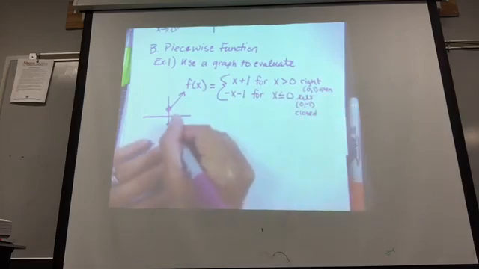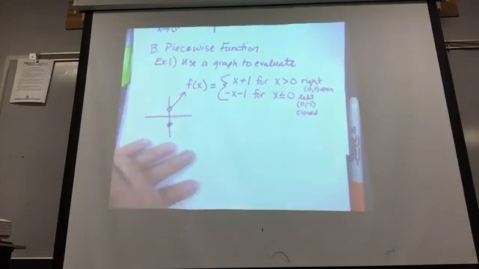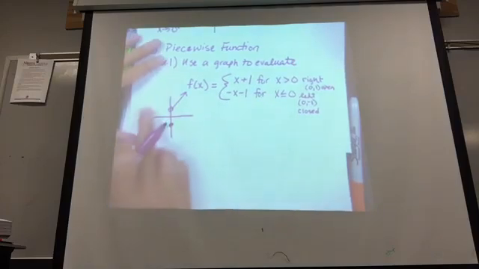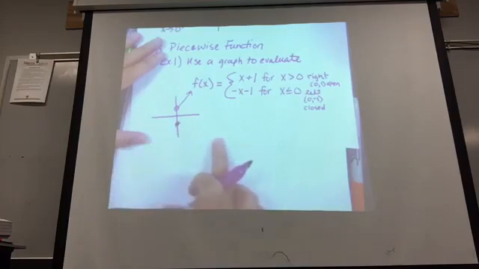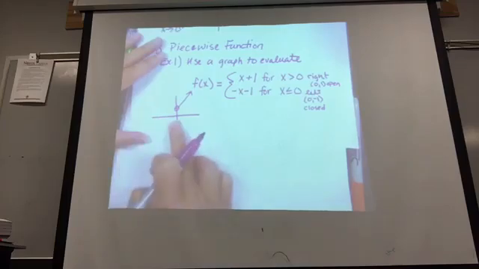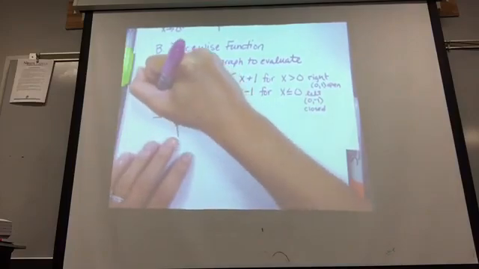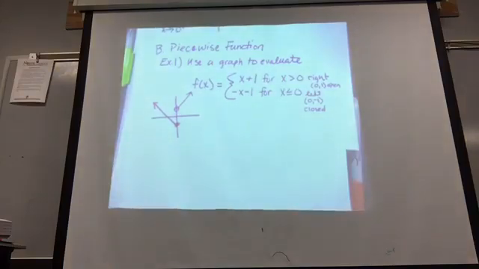Here's my starting point at negative 1. This one has a slope of negative 1, so I know it would come through there like that, but I'm only graphing to the left. So it's going to look like that.